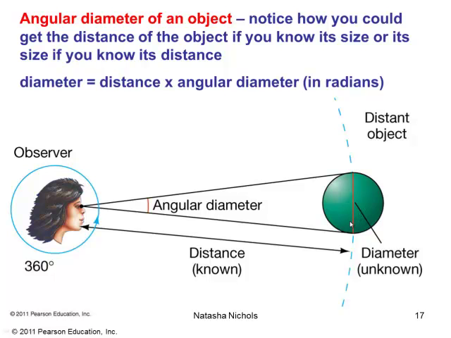There's a nice mathematical relationship that relates the three. The true diameter of the object is equal to its distance, how far away it is from us, times its angular diameter. And when you use this formula, you have to use the units of not degrees, but radians. 360 degrees is equal to 2 pi radians.